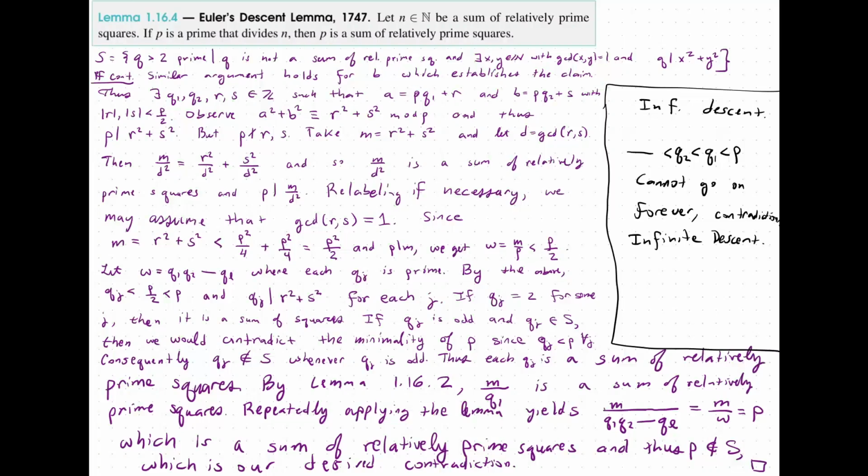We bypassed that argument by writing everything in terms of a set S and applying the ordering principle so that we started with the least element. But if we had done this without choosing the least element, then the argument that we did in the Euler descent lemma would eventually get us to a quantity that satisfies the same property but smaller still, and then we can just continue this process ad infinitum to get a contradiction. And so Fermat did use this method in proving the right triangle theorem.